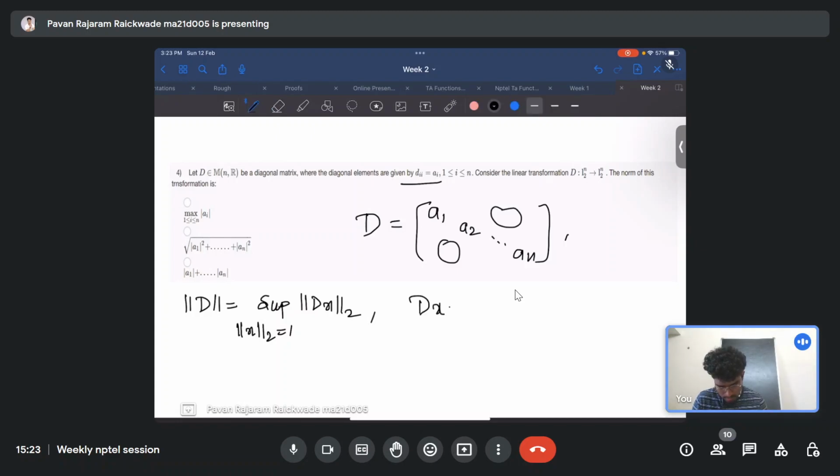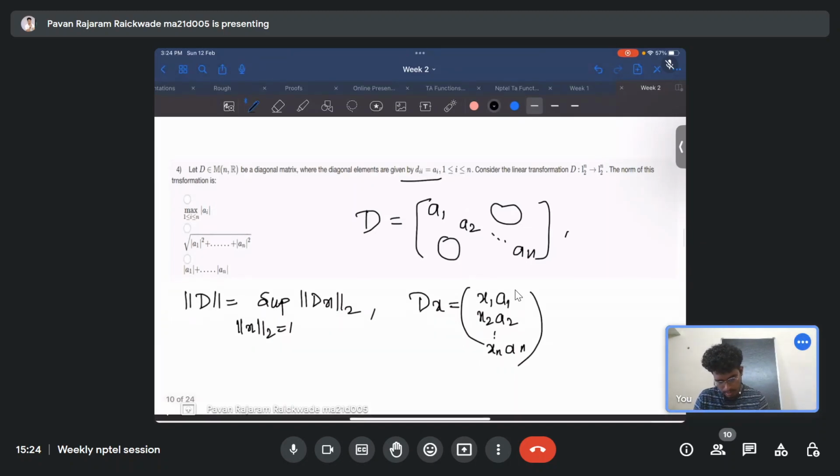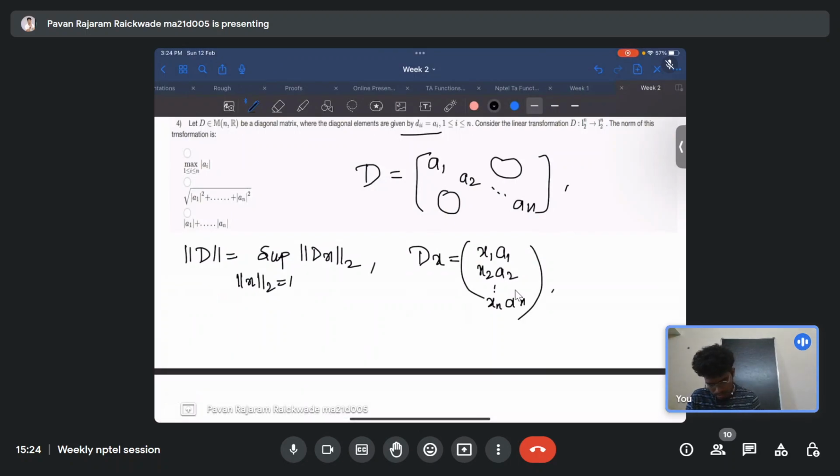Dx will be the column vector x1 a1, x2 a2, up to xn an, where x is the vector x1, x2, up to xn. This is Dx.